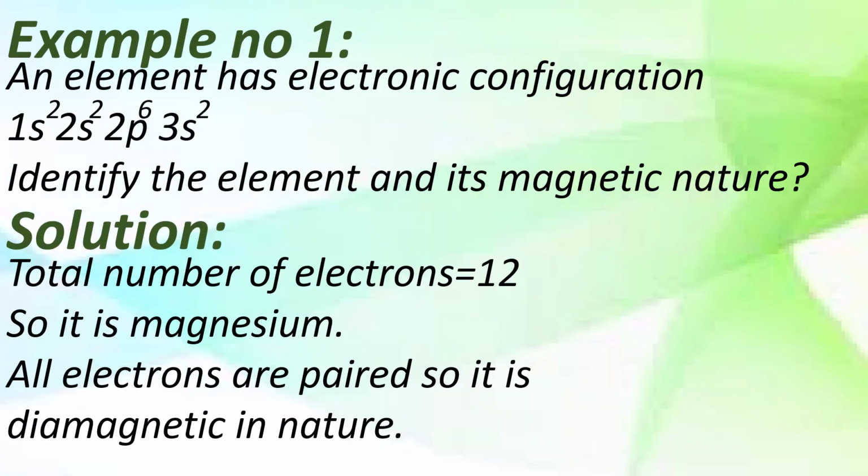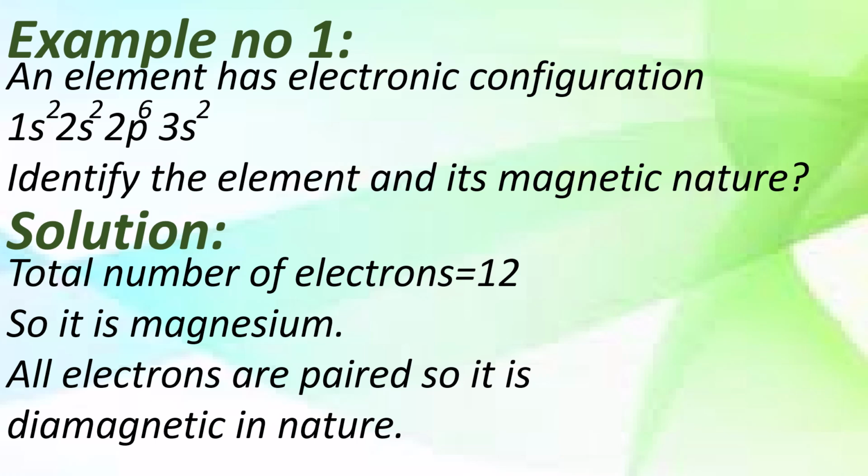Example number 1. An element has electronic configuration 1s2, 2s2, 2p6, 3s2. Identify the element and its magnetic nature. So this 1s, 2s, 2p, 3s is arranged according to Aufbau principle.